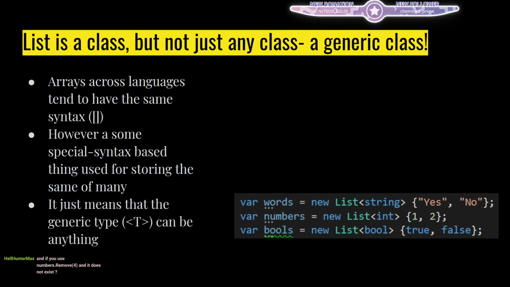I'm not sure, but I think it will not throw. Because a list can have multiple values of the same thing, and it's probably not a big deal if a value does not exist in a list. So if you remove something that doesn't exist, maybe it's not a big deal. But we'll see about that. I'll mark this in my notes to play around with this during live coding.